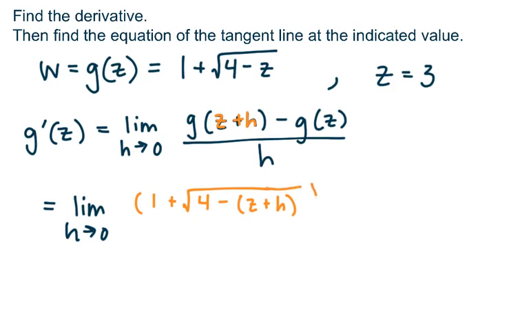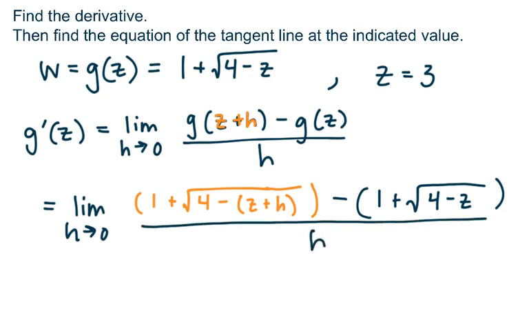Notice I've used parentheses in there. All of that minus my original function g of z, and g of z is 1 plus the square root of 4 minus z. All of this needs to be divided by h.